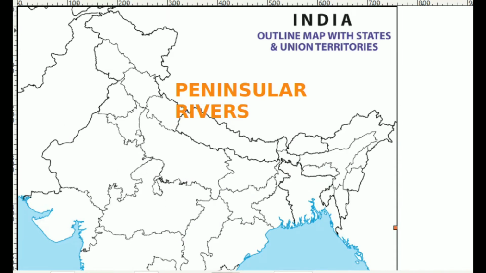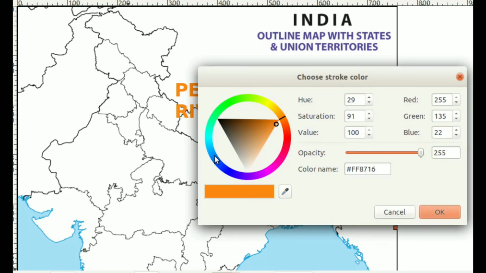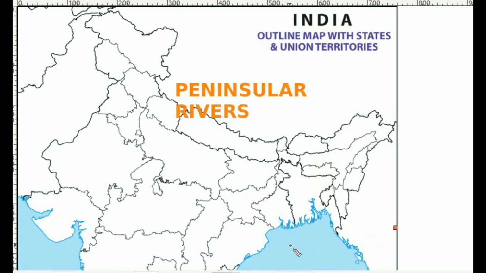Now we are marking the peninsular rivers, the important peninsular rivers. In Madhya Pradesh, it is Narmada, flowing to the west and falling in the Arabian Sea.